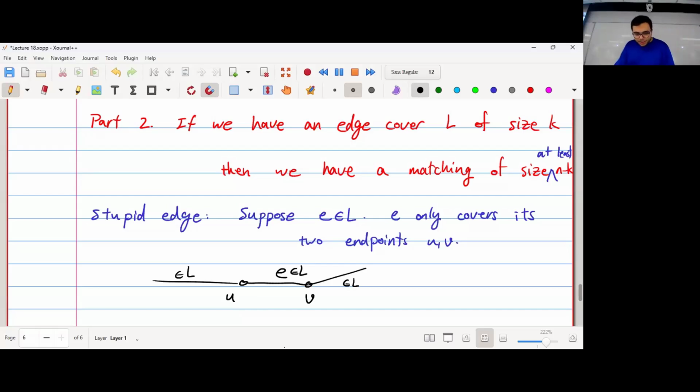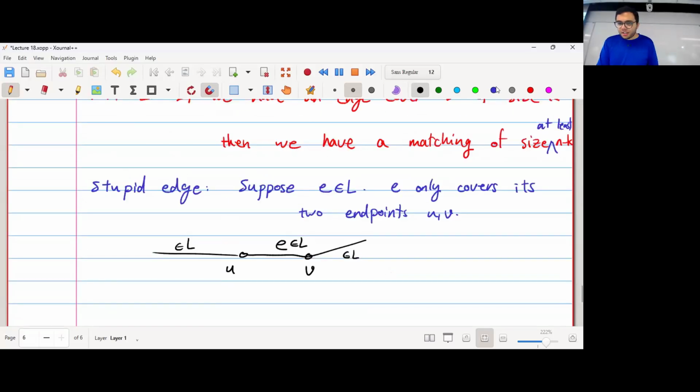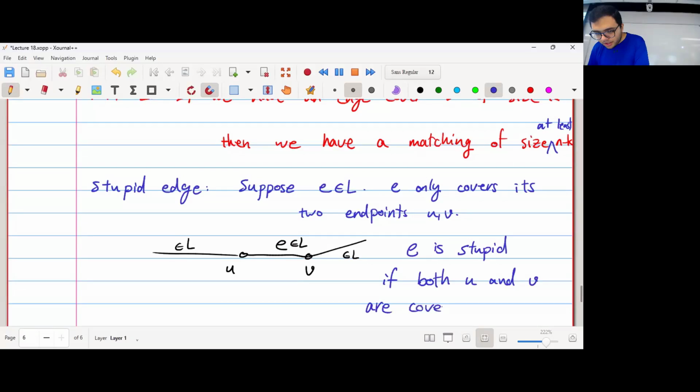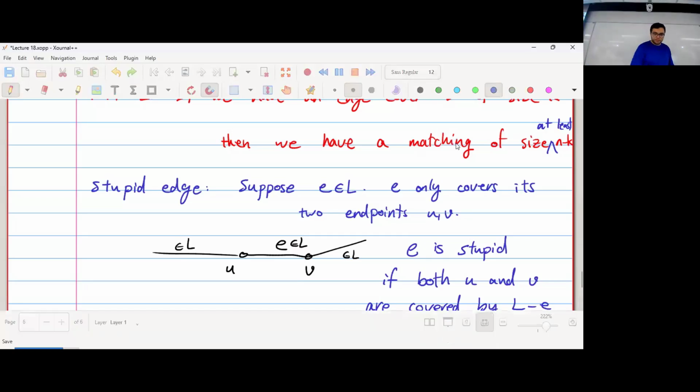In this case, I say E is a stupid edge. Okay. So E is stupid if both U and V are covered by L minus E.